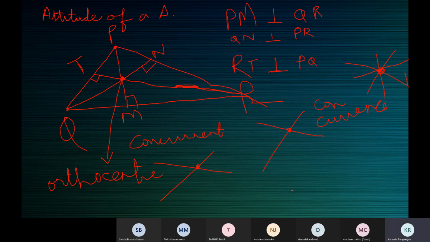Got it, children? It's also called the point of concurrence. The point of concurrence of the three altitudes of a triangle is called the orthocenter.